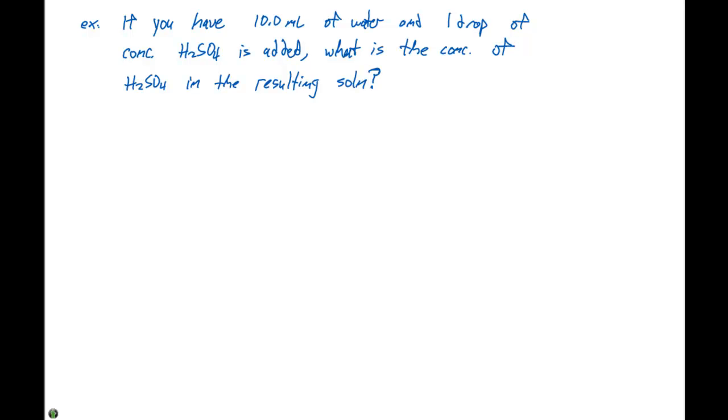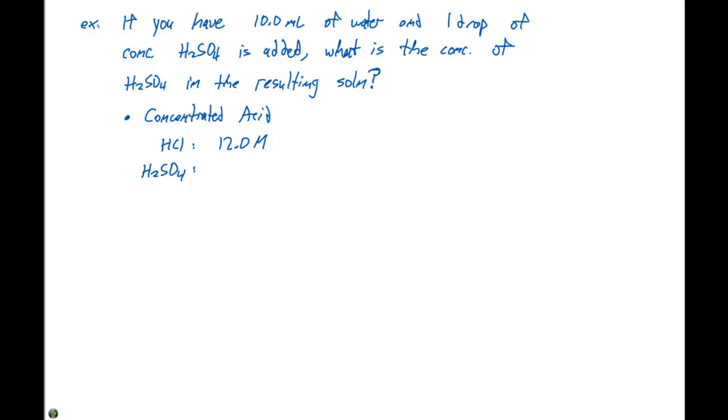So this is going to bring up a few points here, and the first one deals with this concentrated acid. Concentrated acids are going to be very, very potent, and they're going to have very high concentrations. If we have concentrated HCl, it's in a concentration of 12.0 molar.